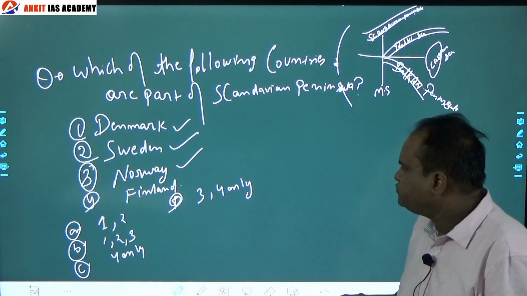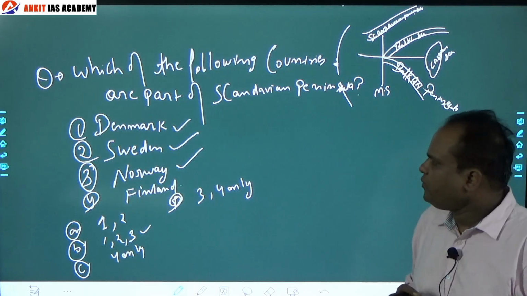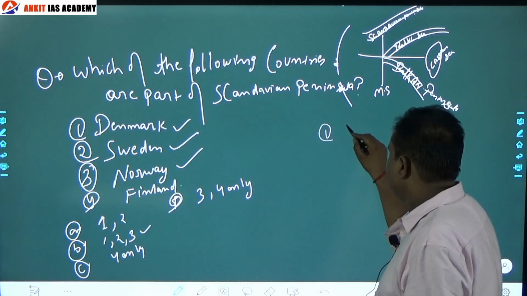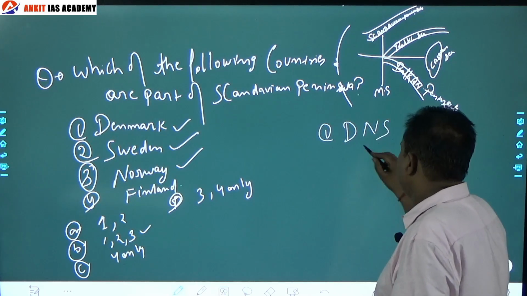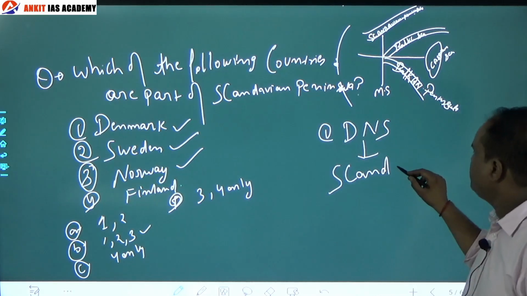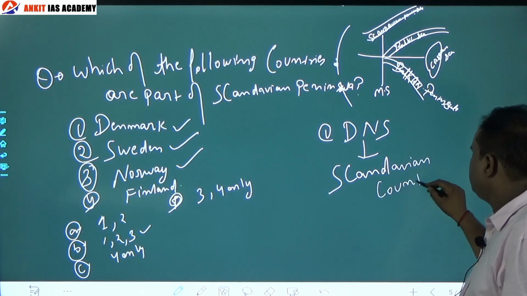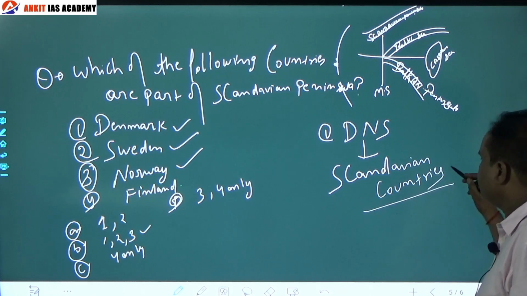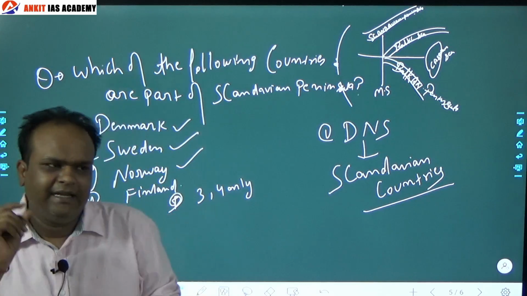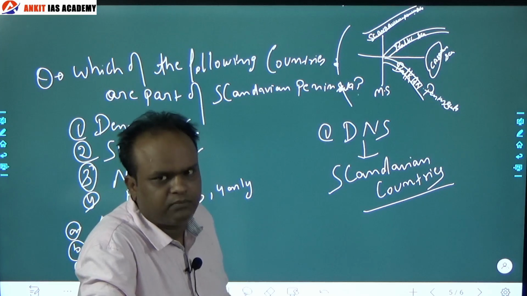So your answer is B. Just remember DNS. DNS is what? Scandinavian countries. Scandinavian countries are DNS. DNS is the mnemonic: Denmark, Norway, Sweden.